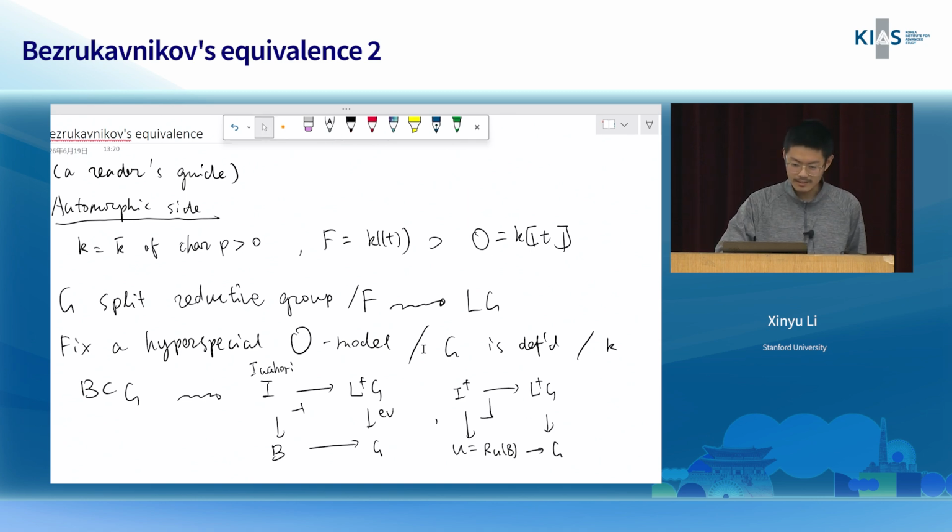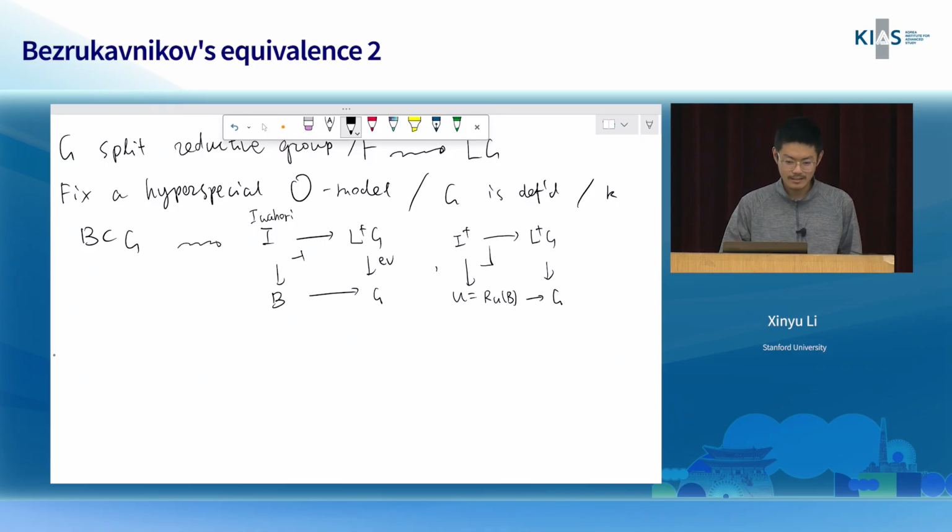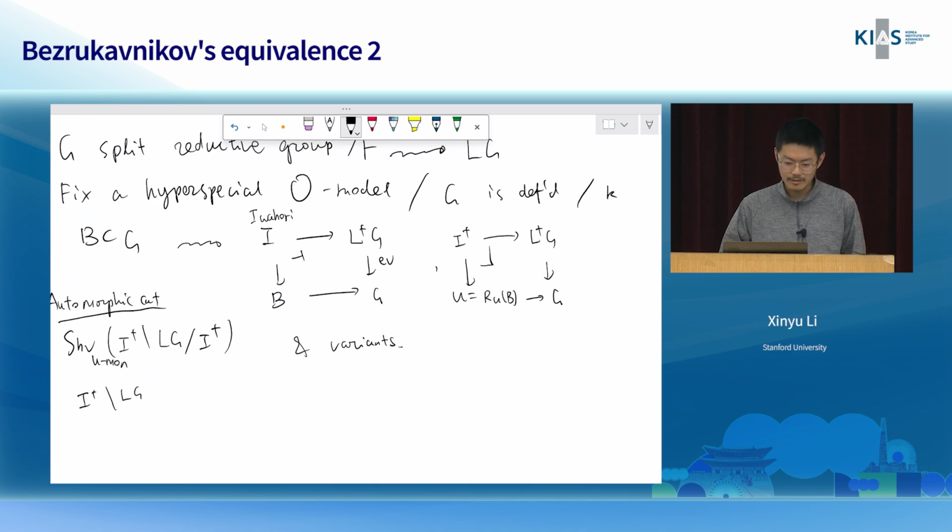And on the automorphic side, the categories that we are interested in are the so-called unipotent monodromic affine Hecke categories and their variants. This is the automorphic category. You may also write this double quotient as a fiber product of classifying stacks, and this gives you a convolution monoidal structure.